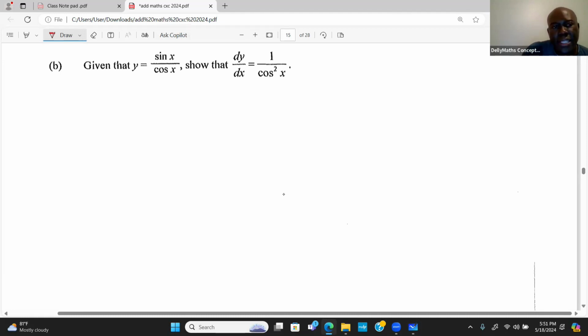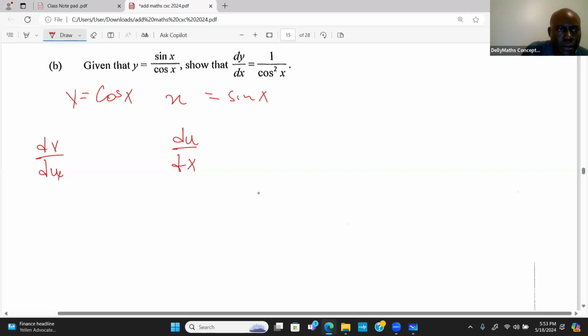Given that y is equal to sine x over cos x, show that dy/dx is 1 over cos square x. So we want to differentiate this. We could use our quotient rule. When you differentiate cos, you're going to get negative sine x, and when we differentiate sine, we're going to get cos x.